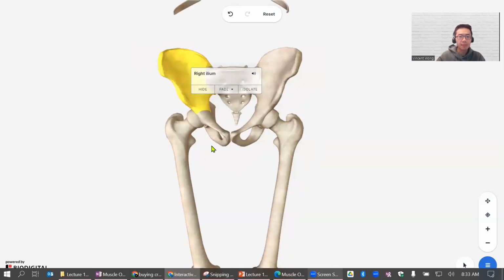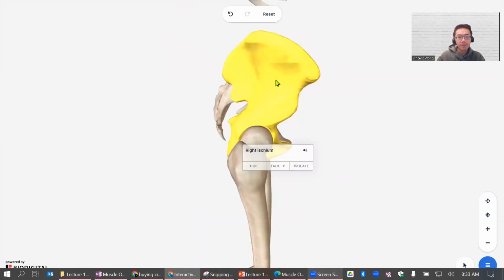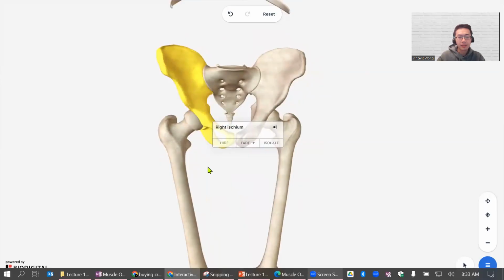So there's the ilium, there is the pubis, and then at the back, there is the ischium. Ischium, that's how you pronounce it. So the ilium, the ischium, and the pubis, the 3 bones, they come together and form a coxal bone.